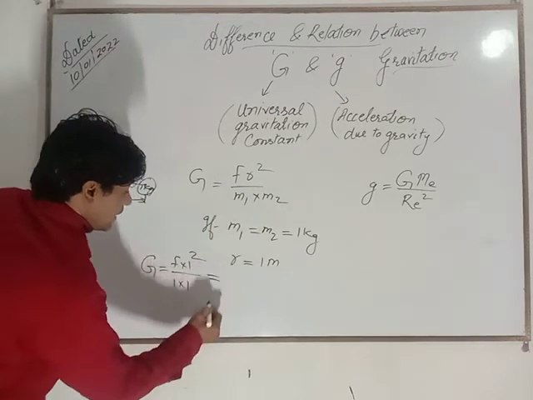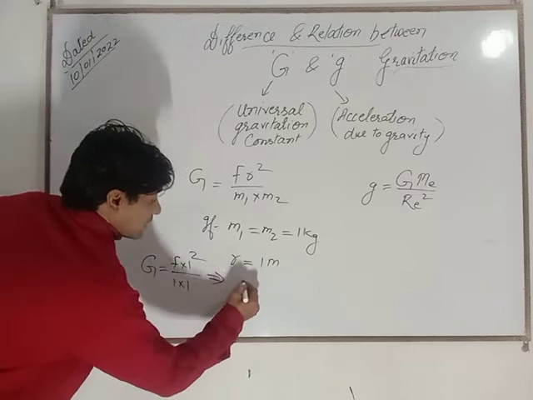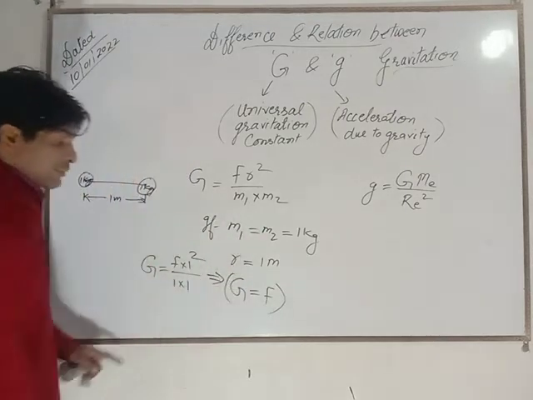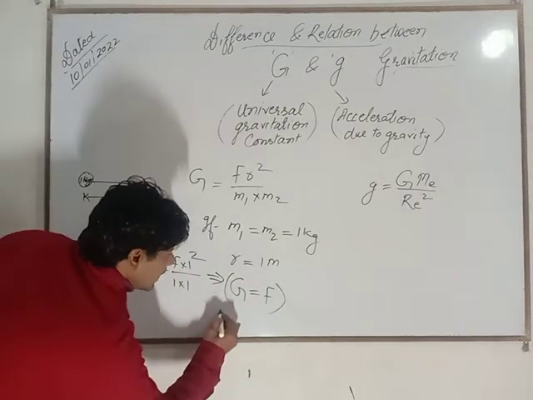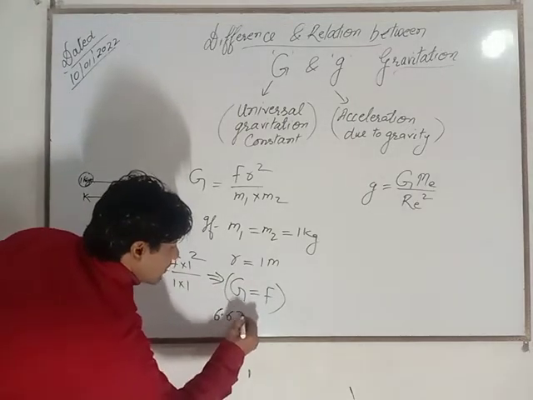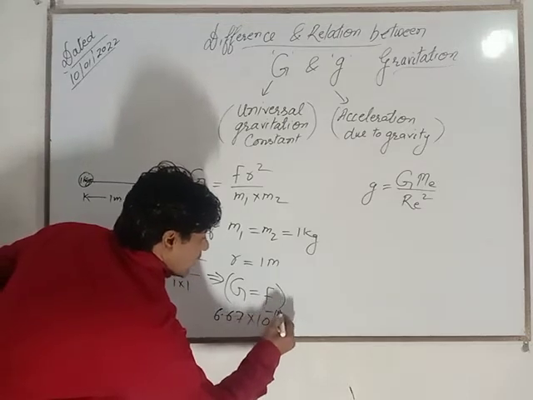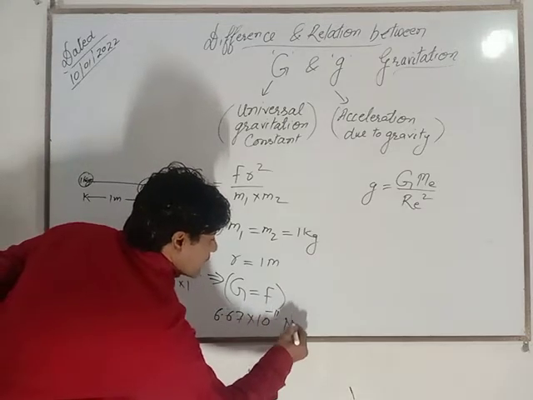This implies that capital G will be equal to the gravitational force, and this will be of the order of 6.67 into 10 to the power minus 11 Newton, right?